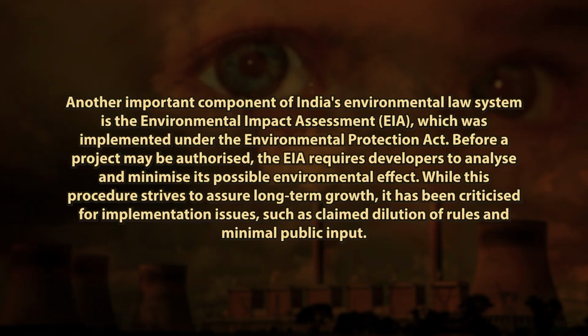Similarly, the Forest Conservation Act of 1980 aims to prevent deforestation by limiting the use of forest land for non-forest activities. This act demonstrates India's dedication to balancing development goals with environmental conservation.